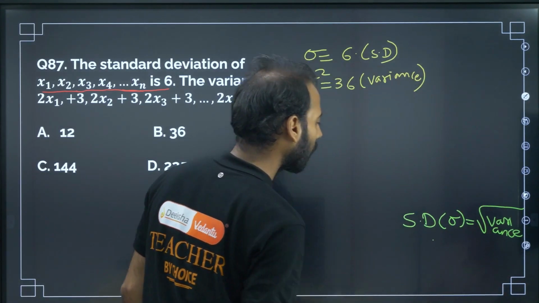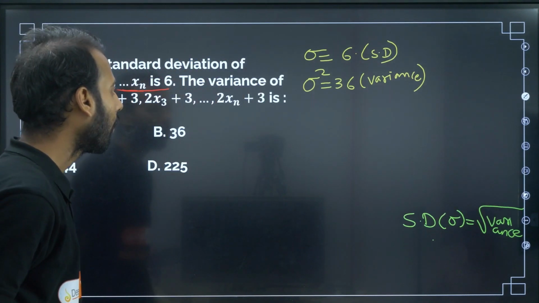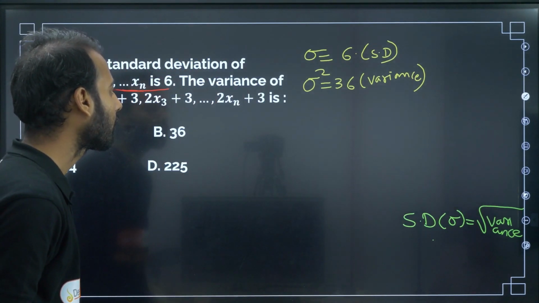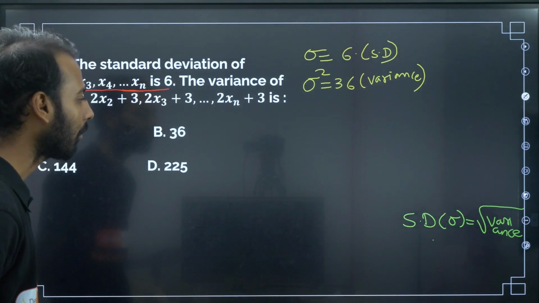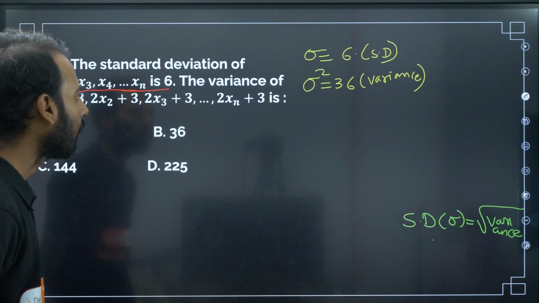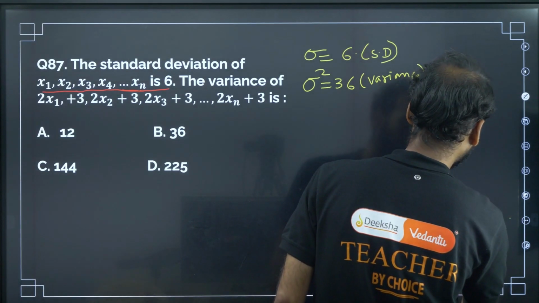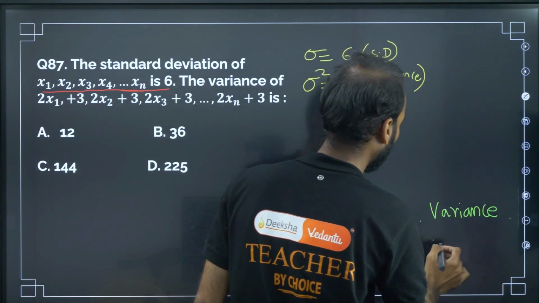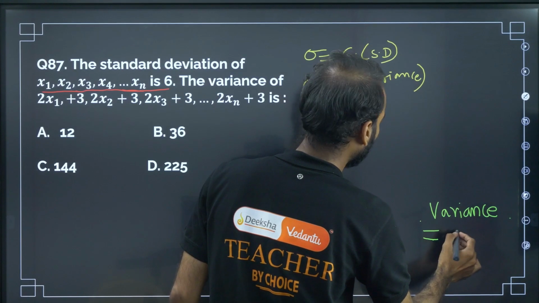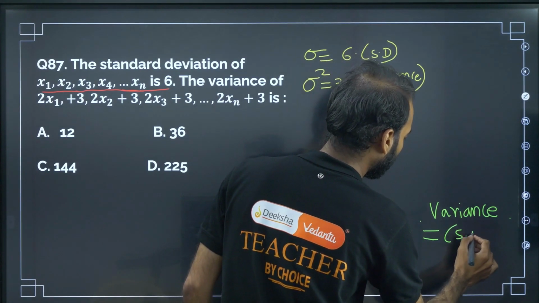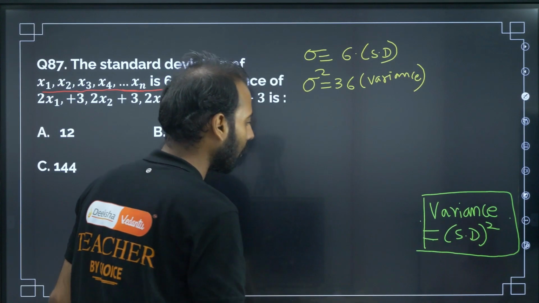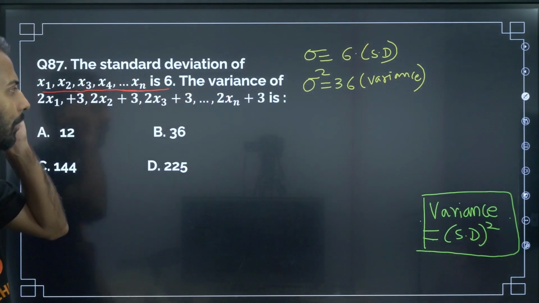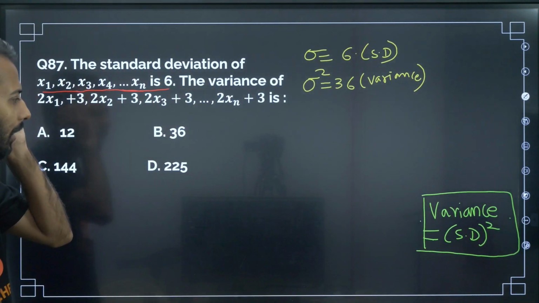Or else if you apply square, you will get sigma square is equal to variance. Variance is equal to standard deviation square. Just try to recall this synopsis point. Variance is equal to square of standard deviation.